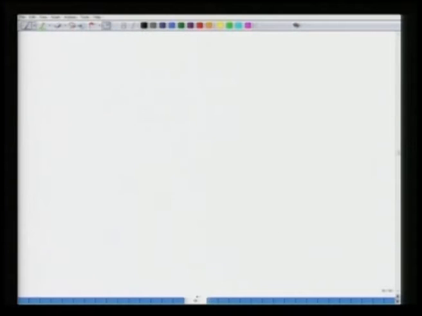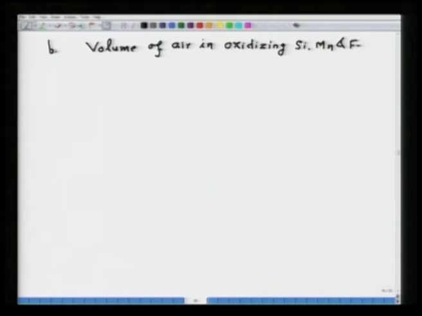Now, second part B, you are required to calculate the volume of air required in oxidizing silicon, manganese and iron.